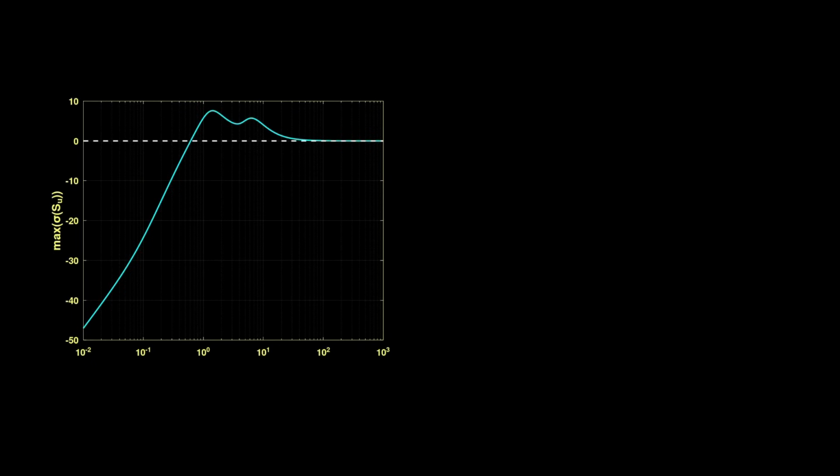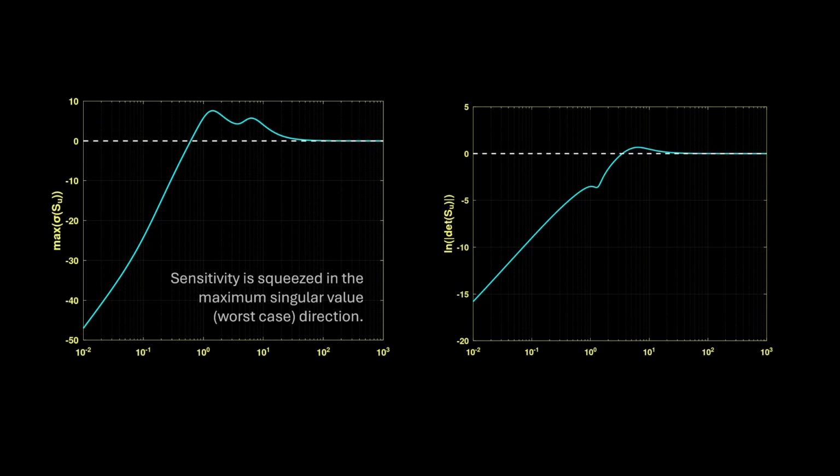To observe this, we look at the maximum singular value plot. You can see how our tuning has squeezed the sensitivity into the worst case direction, creating significant peaks of nearly 8 dB, well above a typical 3 decibel threshold. But when we view it from the perspective of Bode's integral, we're looking at the total volume of the sensitivity, and we see much less peaking.